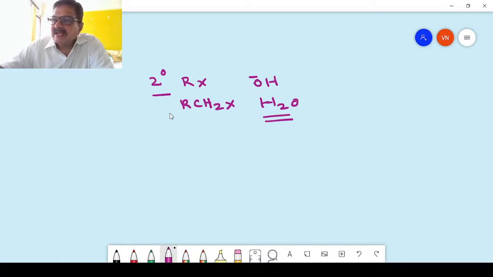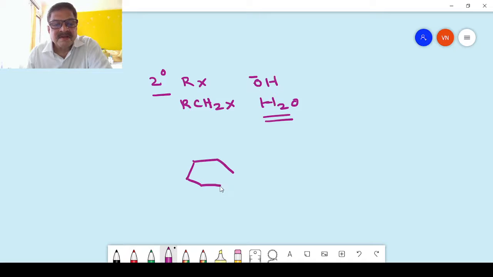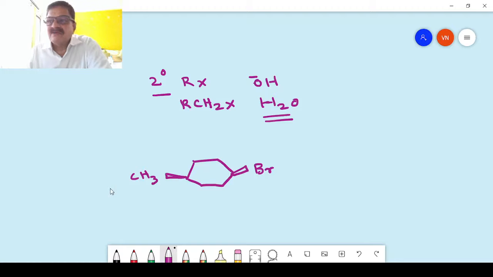So let us see how the reaction proceeds here. In the case of a compound of this nature, we can identify two groups: Br, and another group, CH3. This is reacting with two types of nucleophiles.